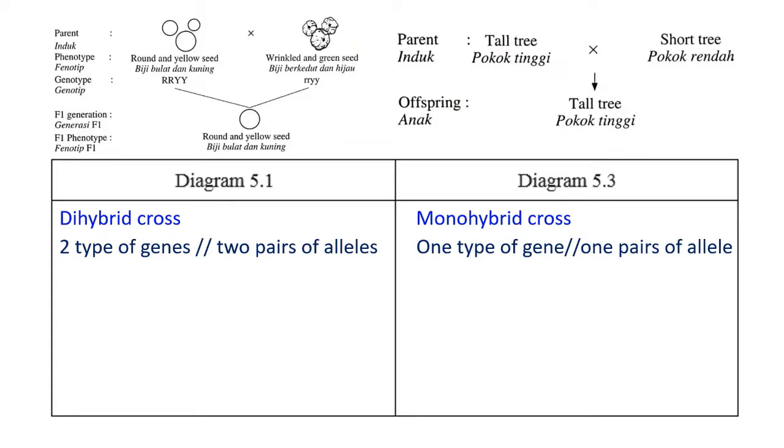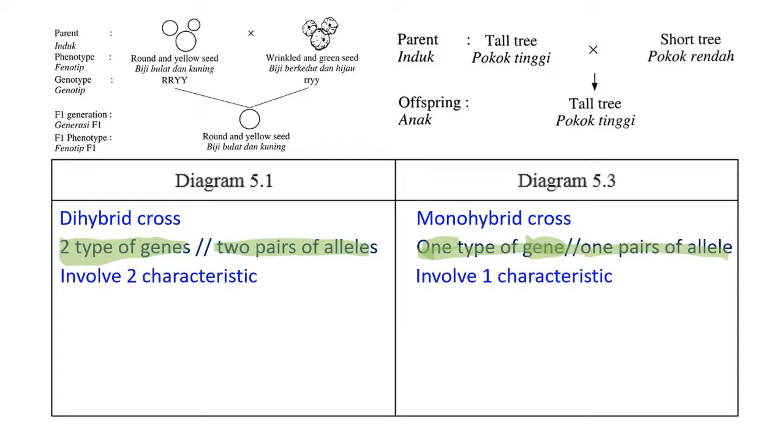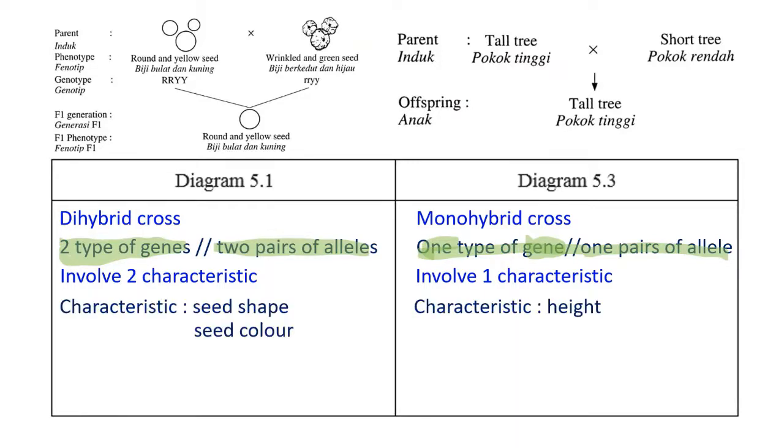Dihybrid cross involves two genes, so of course there will be two pairs of alleles. Monohybrid cross has only one gene and one pair of alleles. So two genes control two characteristics, and one gene controls one characteristic.